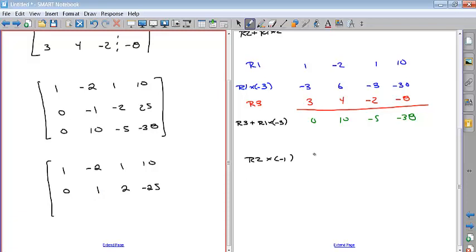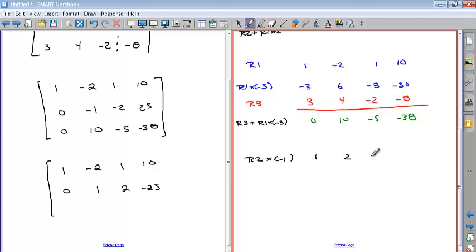So 0 times negative 1 is 0, negative 1 times negative 1 is positive 1, negative 2 times negative 1 is 2, 25 times negative 1 is negative 25. Okay, so that's the substitution that I use here.